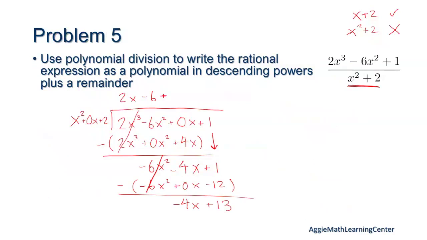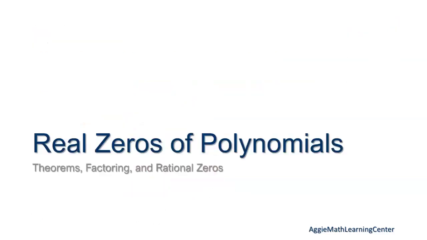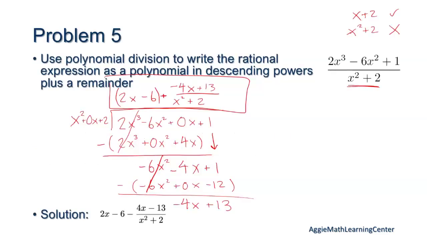So you've got plus negative 4x plus 13 over what you started with, x squared plus 2. So that would be your final answer, like that. Perfect. Just make sure that's a full fraction, and those ones are whole numbers. Any questions with that? Got it?